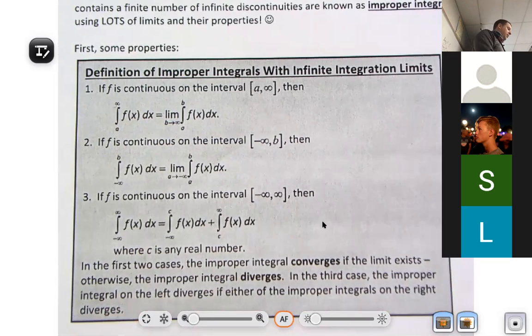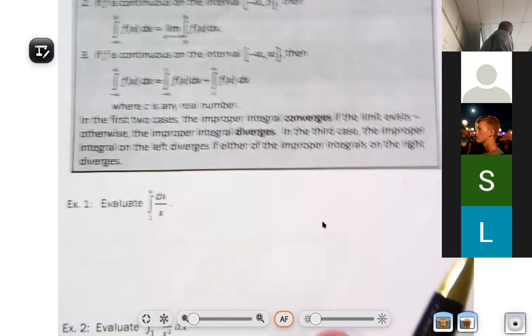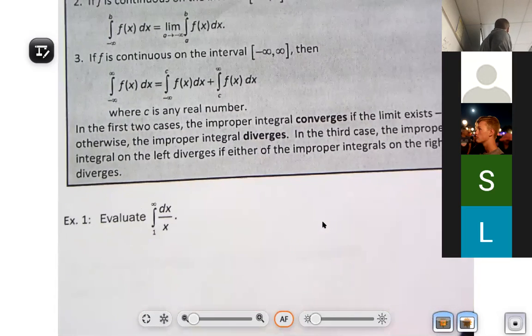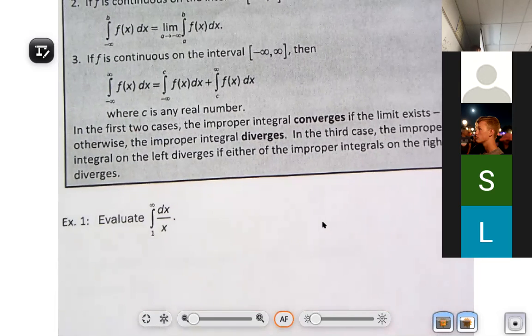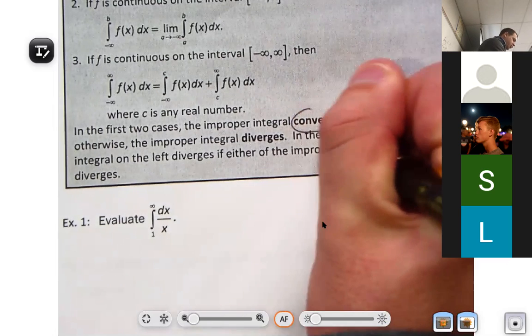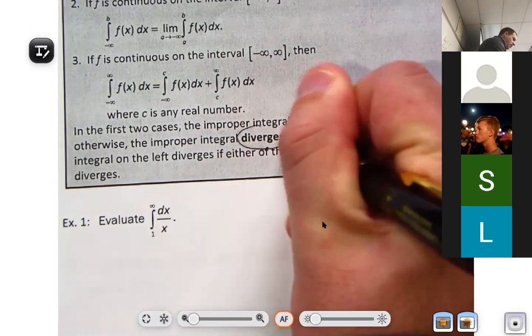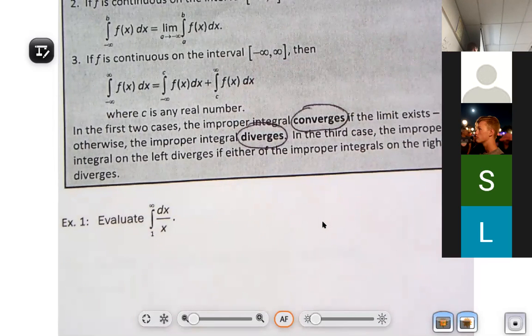When we're dealing with improper integrals, 2 new words get introduced, which have a huge role as far as the rest of the semester goes. And those 2 words are converge and diverge. These 2 words become super important throughout the rest of the semester.